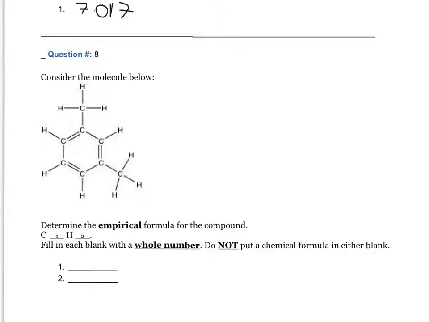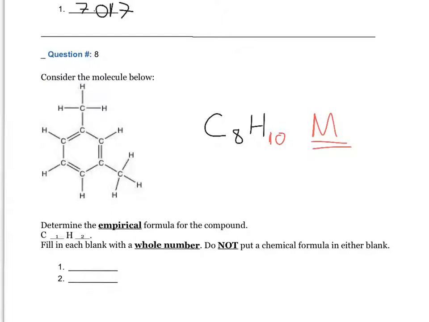So you've got 1, 2, 3, 4, 5, 6, 7, 8 carbons. Count the hydrogens. 1, 2, 3, 4, 5, 6, 7, 8, 9, 10 hydrogen atoms. That's the molecular formula.